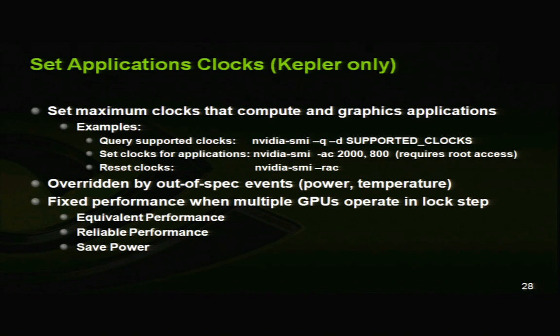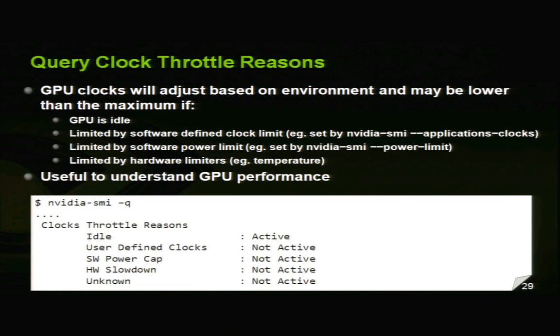If the temperature is too high, you can query the reasons why the clock does not fit with your settings. nvidia-smi -q has here some outputs about the clock throttle reasons, and in this case the GPU was idling, but you get also the information if the clock is limited by software-defined clocks, or limited by software power limits set with a -pl power limit, or limited by hardware limiters, for instance, the temperature.